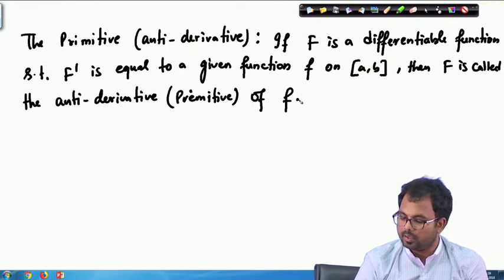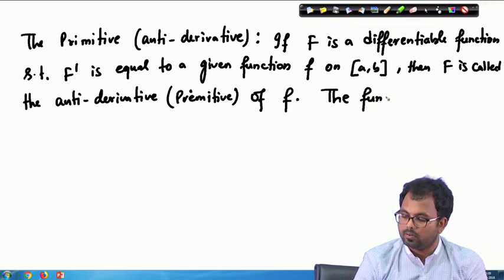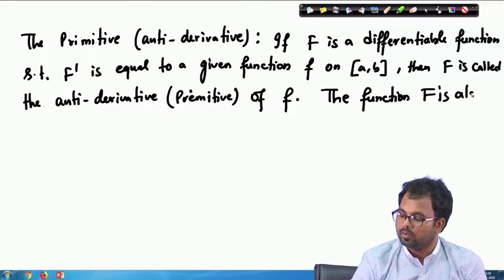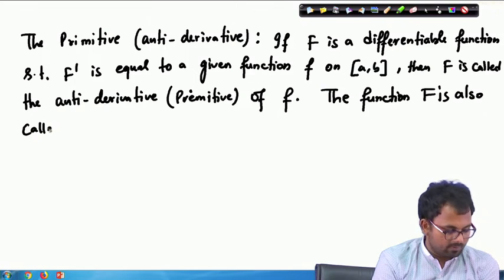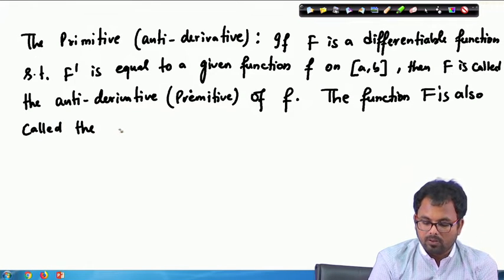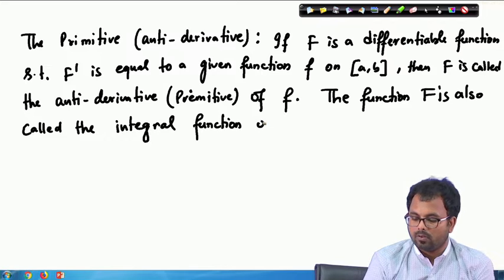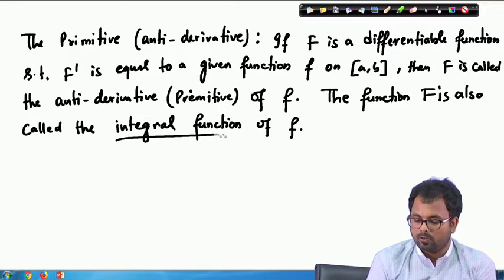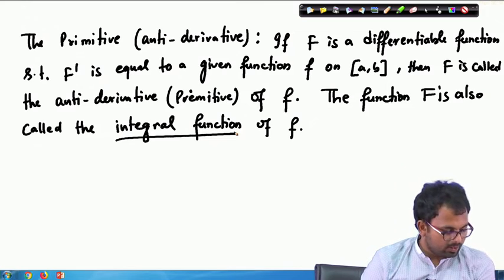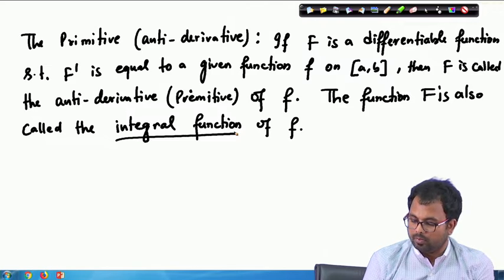Sometimes the function capital F is also called the integral function of f. What do we mean by this?